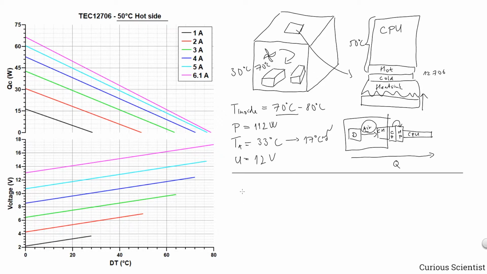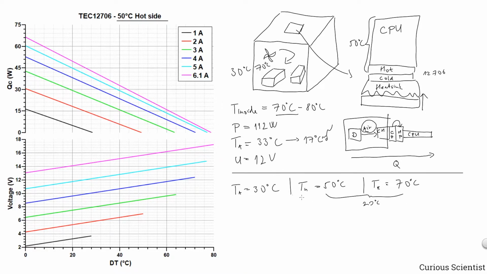So let me write it down again. The ambient temperature is 30 degrees, and then the hot side temperature is 50 degrees, and the enclosure temperature is 70 degrees. So we know that between these two we have 20 degrees Celsius difference, but this doesn't matter.